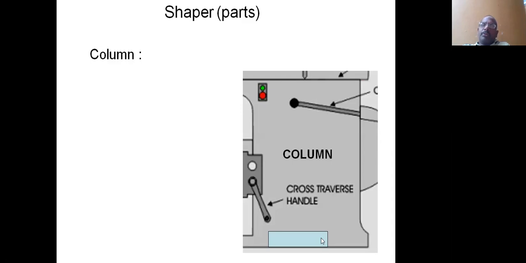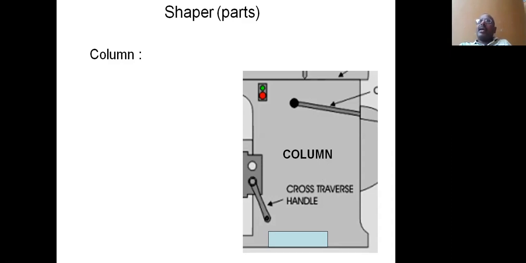So the next element is the column. The column is a very important element which is mounted on that base. Observe, generally the column is an integrated part. Or simply we can say, during the metal casting process itself, both base and column are manufactured as a single element.